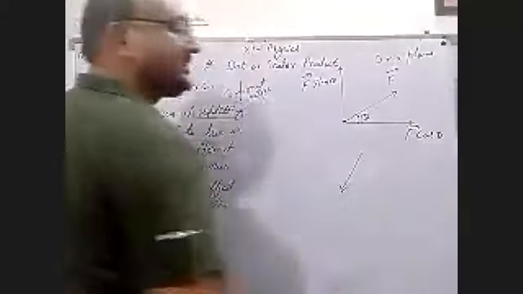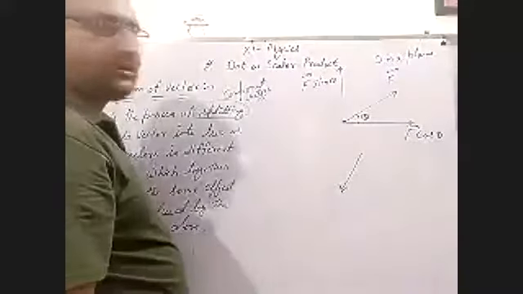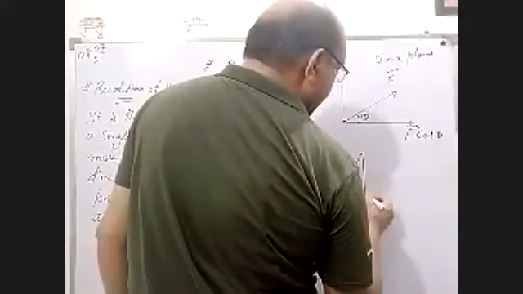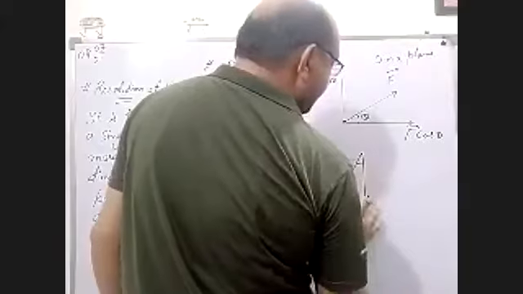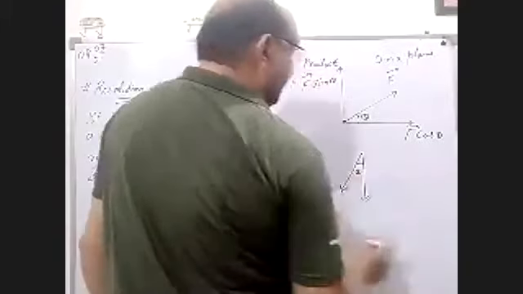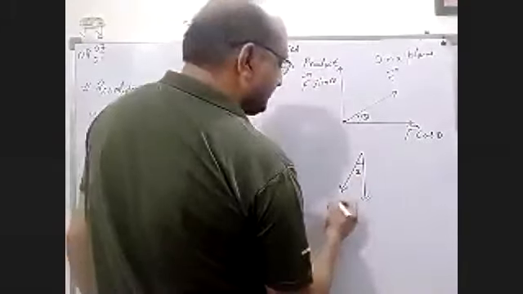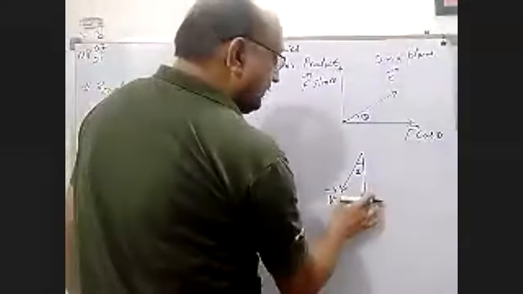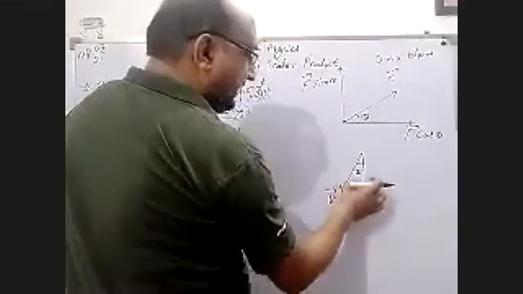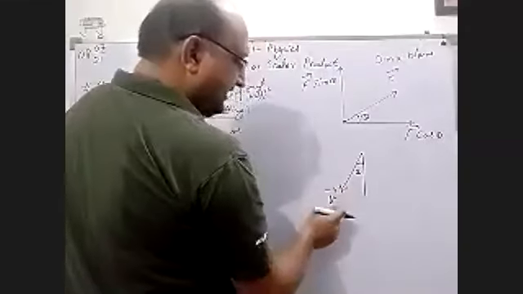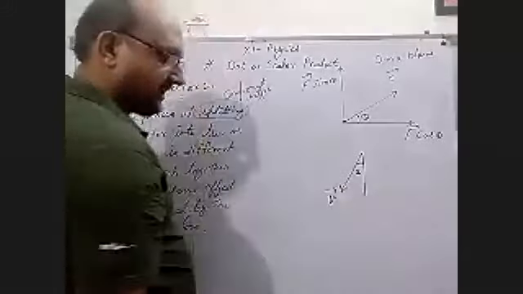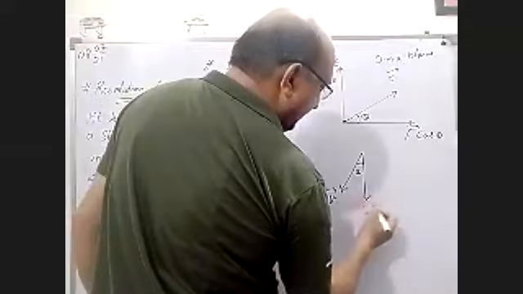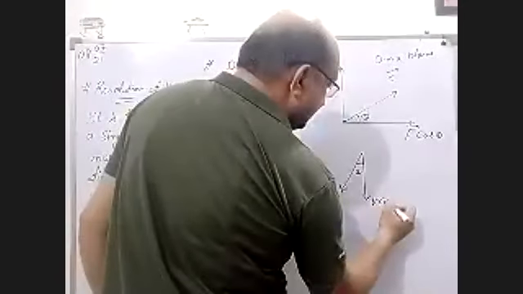Suppose this is a velocity vector, and it makes an angle theta with this line. Along the line with which the velocity vector makes an angle theta, you have to take v cos theta.